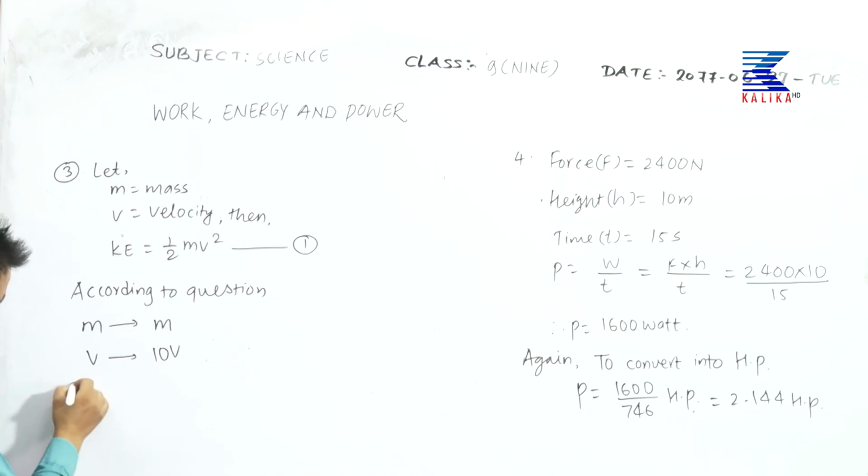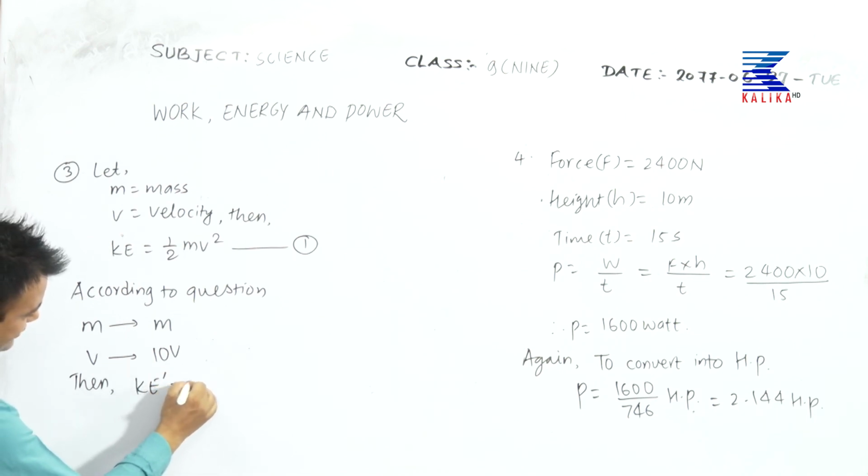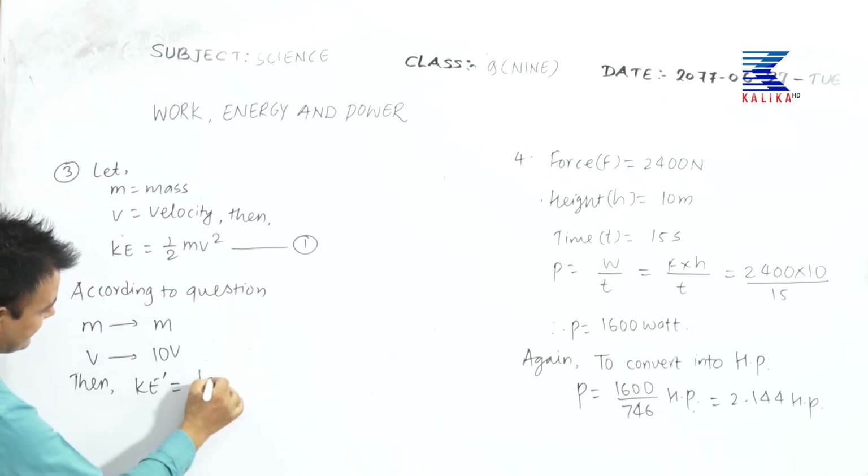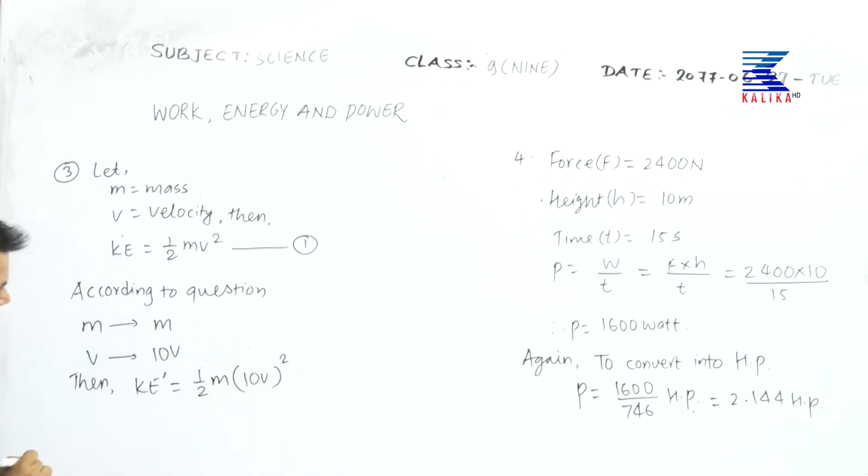Then the new KE, KE dash, equals 1 by 2, m is m and v is 10v whole square.